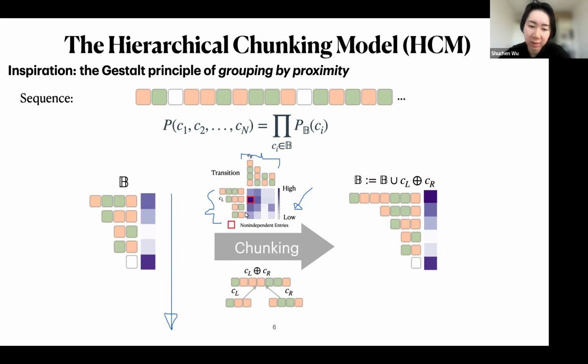Many times it can be the case that this node just transitions to this node and then transitions to nothing else. So to represent this transition matrix, you just need to encode a link from this node to the other node.